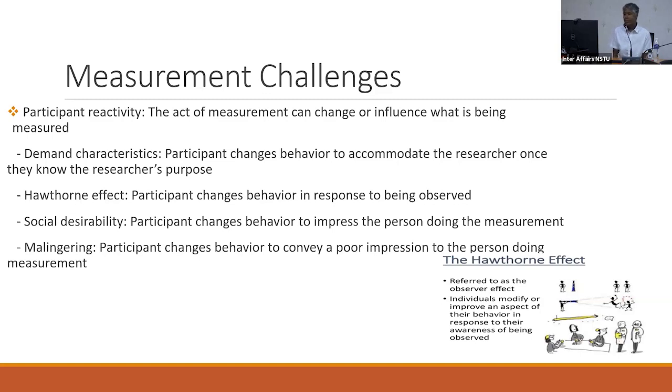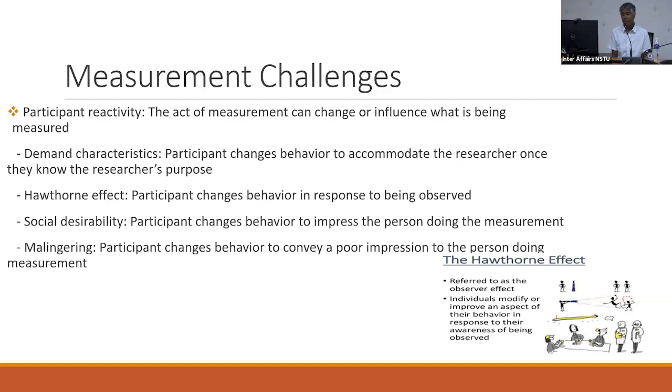Social desirability is a change in one's behavior or one's responses to try to impress the person or to keep from reporting what are sort of taboo topics. So social desirability comes into play when we are asking people about illegal activities such as drug abuse, theft.